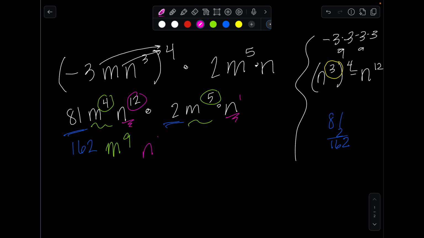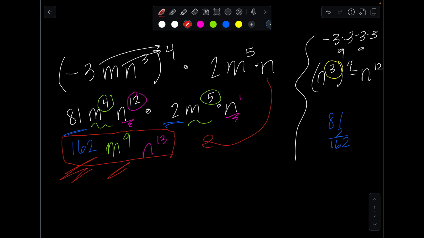So that's 13. And there's your answer. Did you get this correct? Let me know in the comments, or let me know in person. So negative 3m times n cubed to the 4th power times 2m to the 5th power times n simplifies to 162 times m to the 9th times n to the 13th.